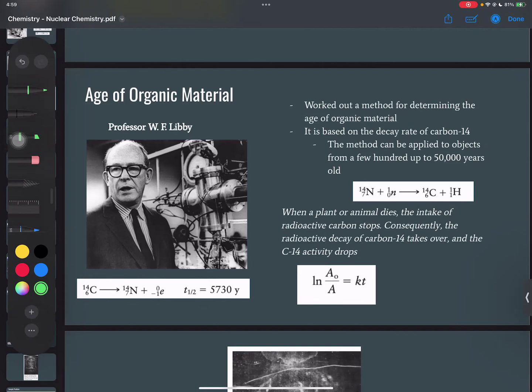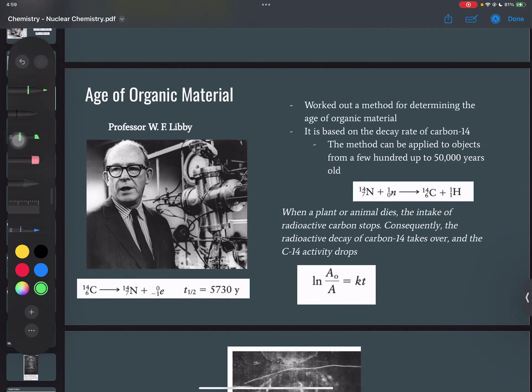This method is applied to objects from a few hundred up to 50,000 years old. It has been used to determine the authenticity of paintings of some Renaissance painters and to check the ages of relics or archaeological finds left by prehistoric dwellers in caves, for example.